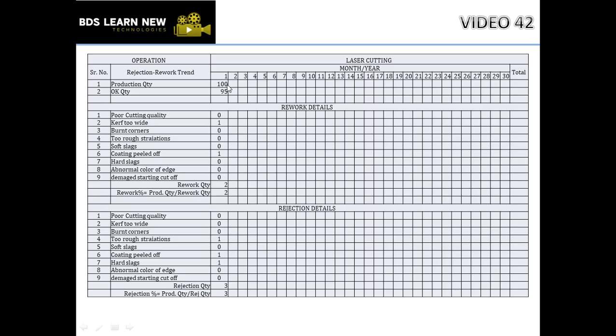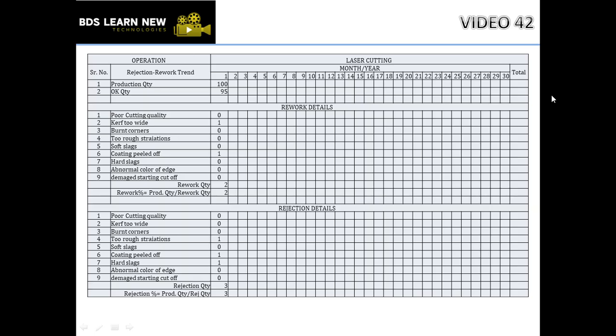Now after getting this, 100 minus 95, it means 5 quantities are not okay. Now from this 5 quantity, something goes to rework and something goes to rejection, right? So you have to choose the rework and rejection trend from these defects, right? And remember, this sheet is very important for doing the PFMEA, right?